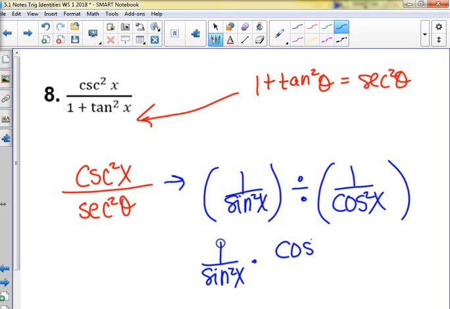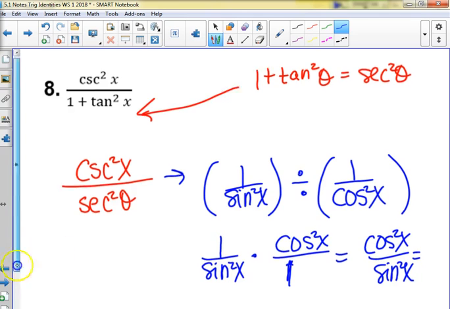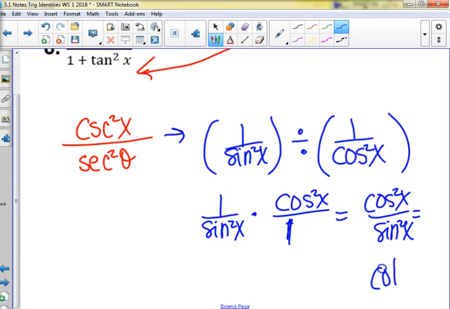The second one, which becomes cosine squared over sine squared, which is a cotangent squared. Okay, again, makes me kind of happy, right? From the top to the bottom, it did get much simpler looking.